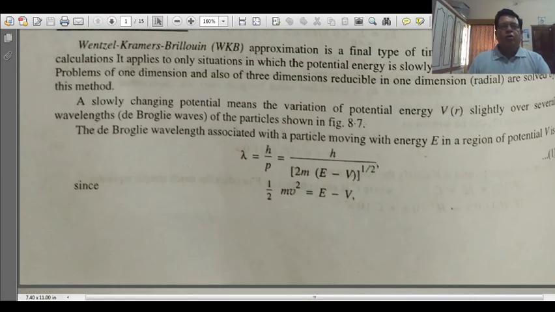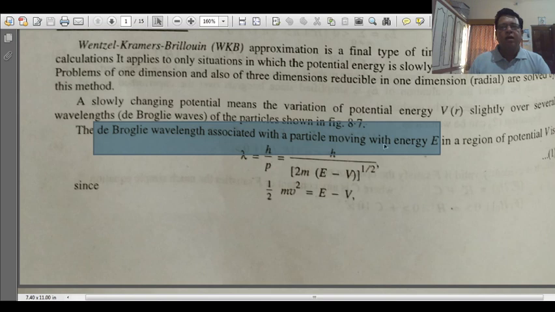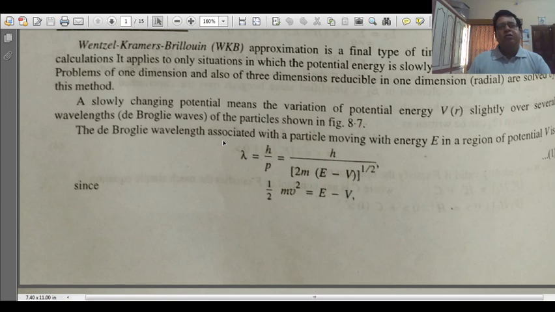Because the approximation needs the de Broglie wavelength, first of all, what is the de Broglie wavelength associated with a particle moving with energy E? In a region where the potential is V and the energy is E, the de Broglie wavelength of such a particle is given by lambda equal to h upon p.